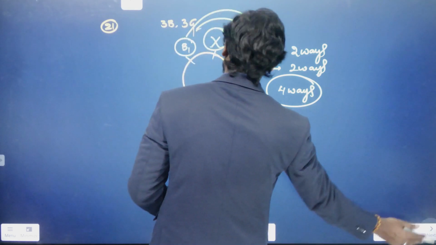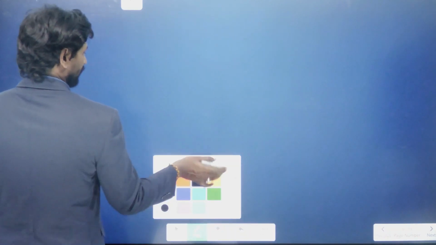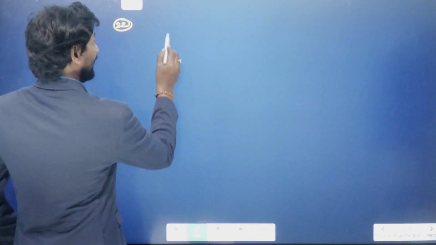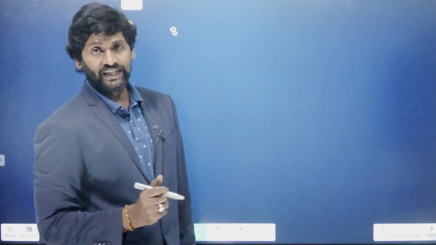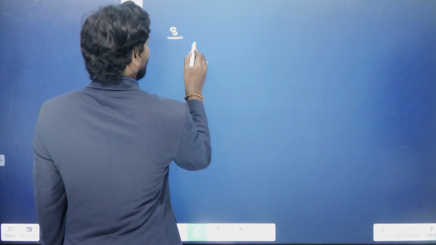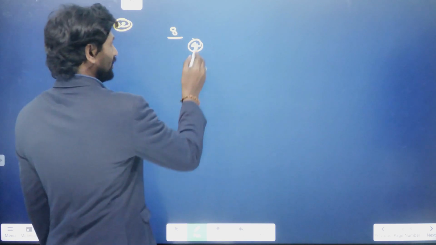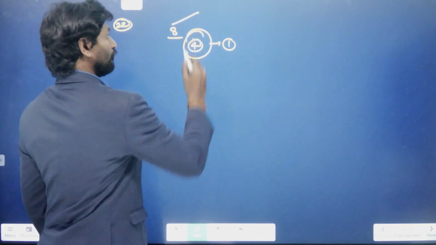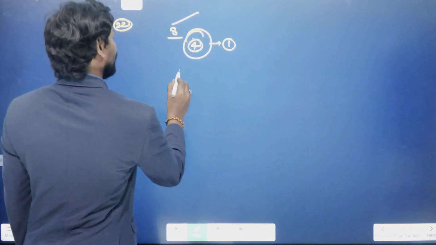Next, problem number 22. Let us check. The number of ways in which 8 different stones can be strung to form a necklace, so that 4 particular stones are never separated. There are 8 different stones, and 4 must never be separated. So these 4 can be taken as 1 unit, and the remaining 4 plus 1 gives a total of 5 units.